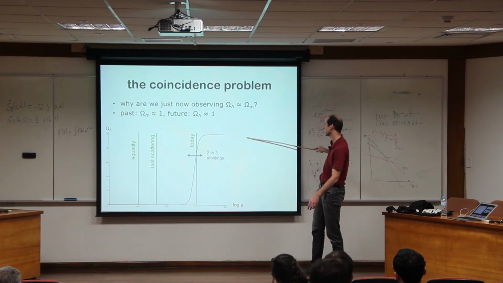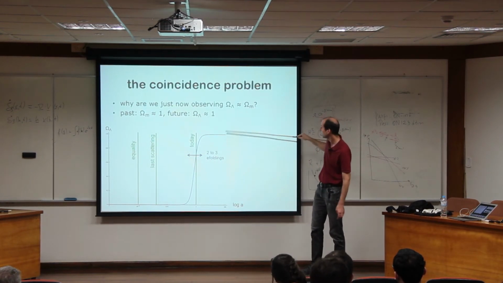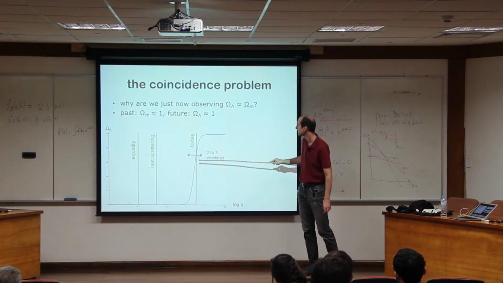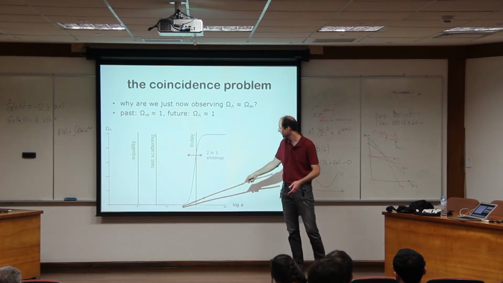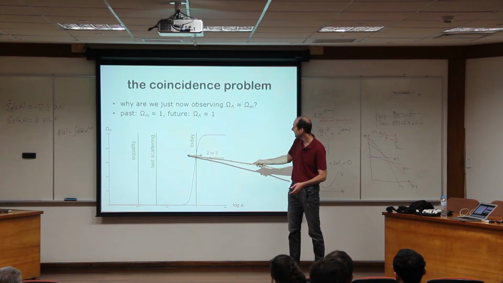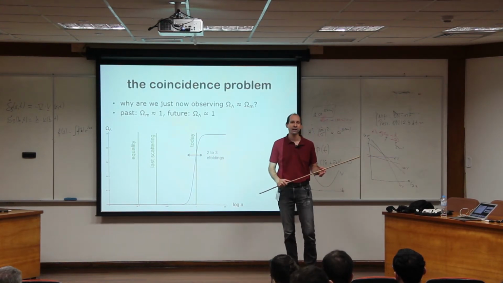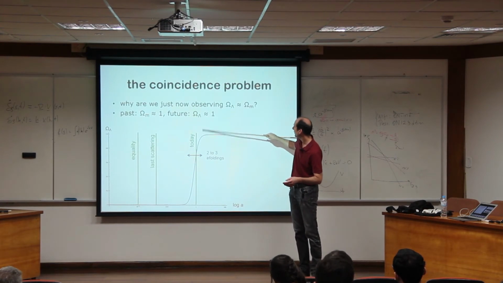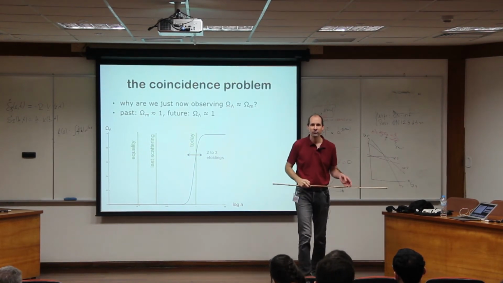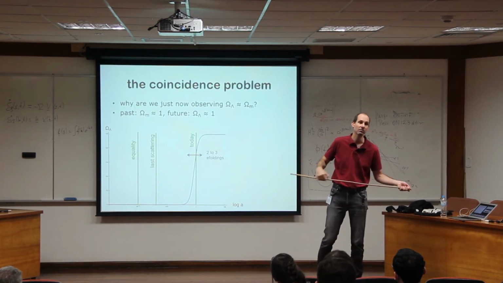In the future it will be 1 forever, and we happen to live exactly here. And there is only a relatively short time, on this logarithmic scale, when we are actually able to see that there is both matter and the cosmological constant. So this is called the coincidence problem.